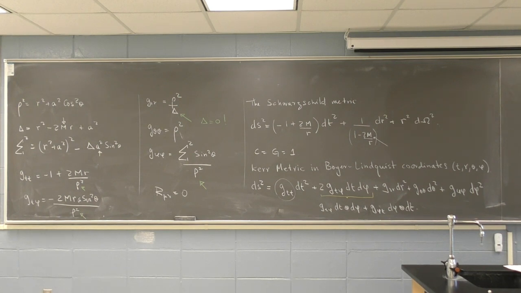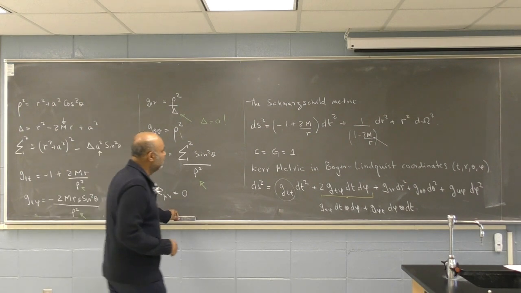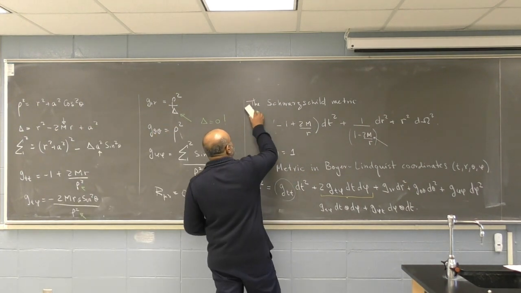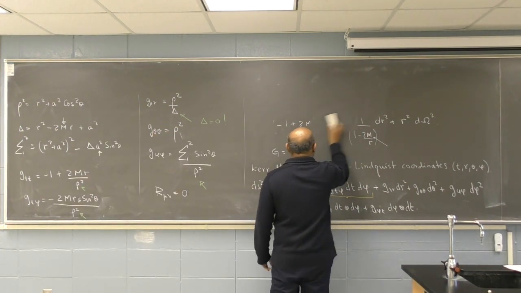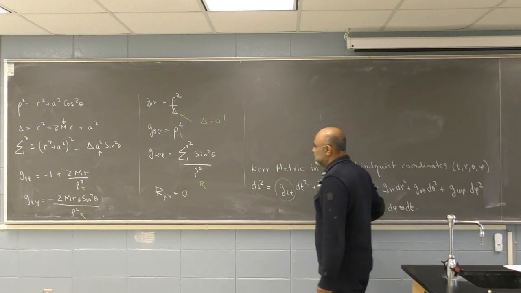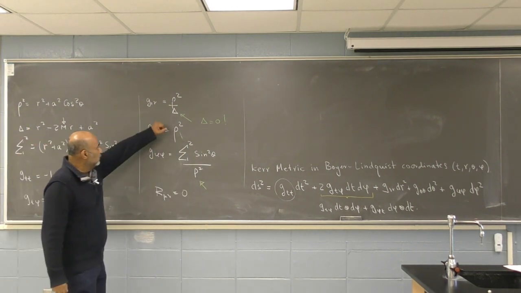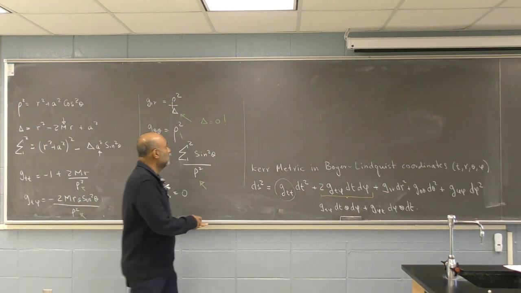I need some place to write new material, so we'll have to always expand with the old. So we will discuss these two cases one by one: rho squared equals 0 and delta equals 0.